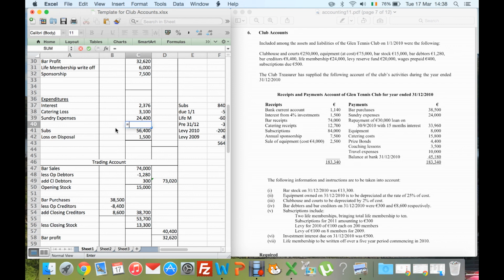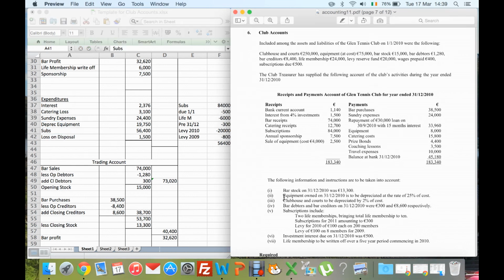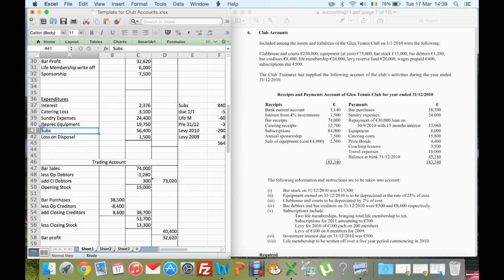So the depreciation is 79 times 25%. Okay, and then we have to do depreciation of our clubhouse, and that's that. Oh, I put my subs in the wrong place as well.